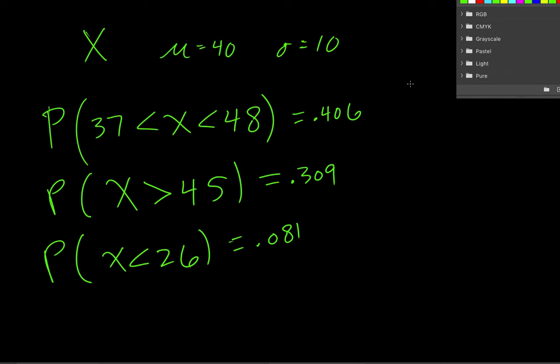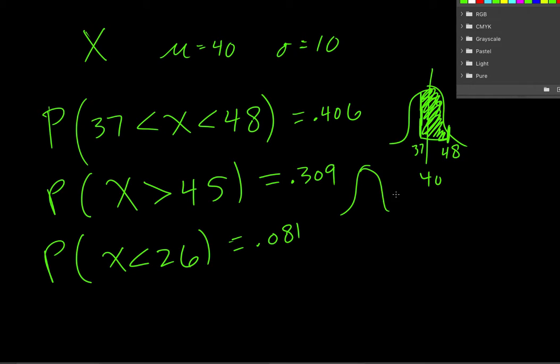Just to kind of describe what was going on right here. Essentially, we had our normal curve. We had 40, and we wanted to know between 37 and 48. So it's like here and here. Here's 37, here's 48. If we thought of the entire area as 1, that area is going to be 0.406.